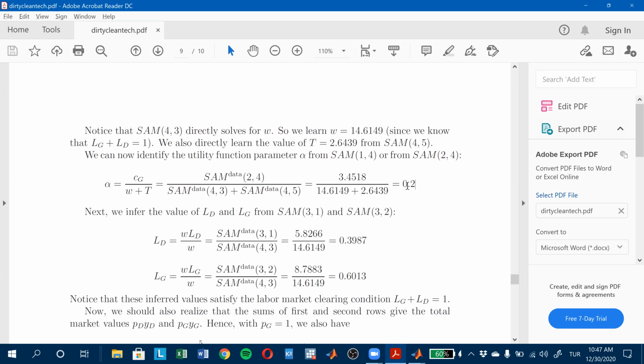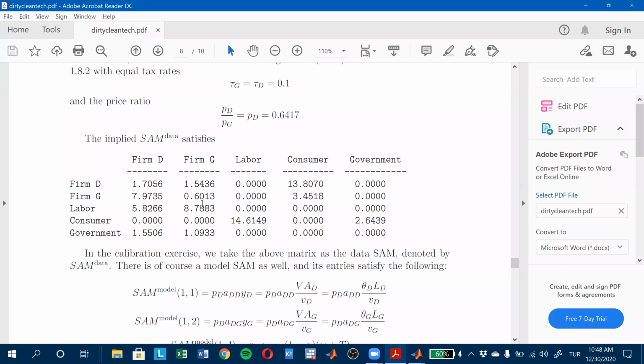Now, I also have total payment. Total payment to the labor account made by the dirty firm, total payment made by the green firm to the labor account. I know these totals from the data here. Firm D spends $5.82 for labor. Firm G spends $8.7 on labor.